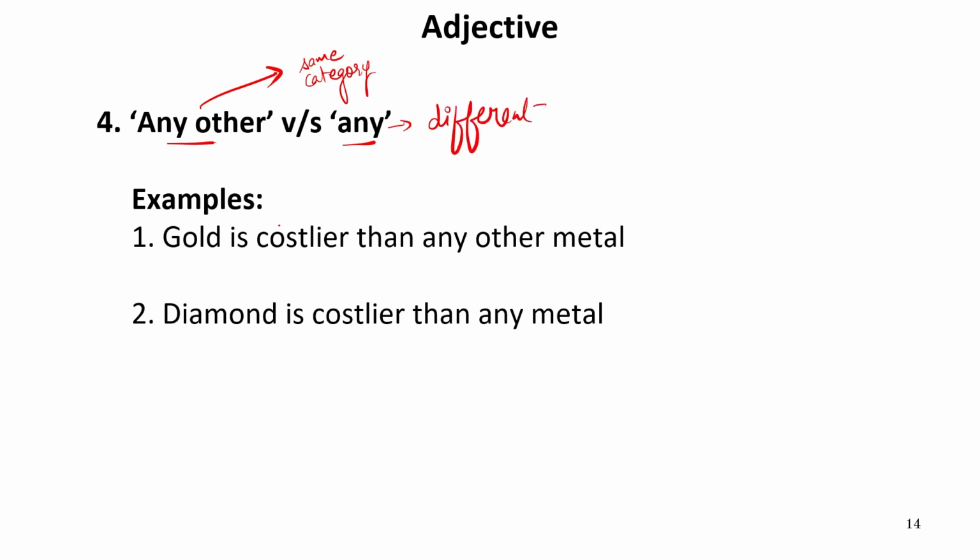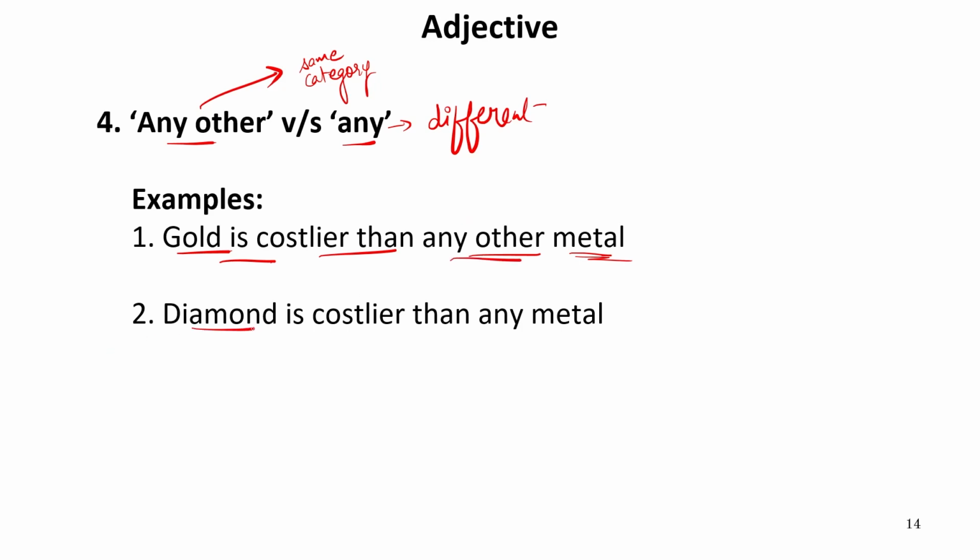Let us discuss how. Gold is costlier than any other metal. Because I'm comparing gold with other metals, and gold is also a metal, they are all of the same category. So we use the words any other.